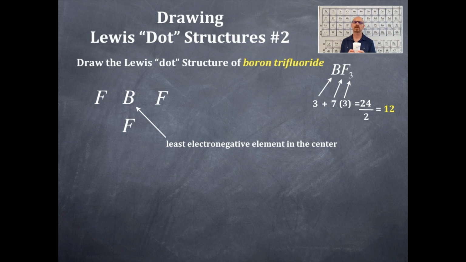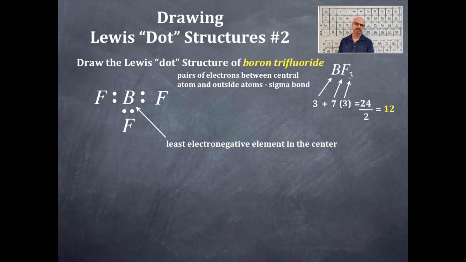So the first rule is to place pairs of electrons between the central element and the outside elements. So the central element is boron. The outside elements are the fluorine. So there's 3 of those. So I'm going to use 3 of the pairs of electrons from my bond blender. And I'm going to take that, and this is what I got right here. I've used 3 of those pairs of electrons that are in my bond blender.